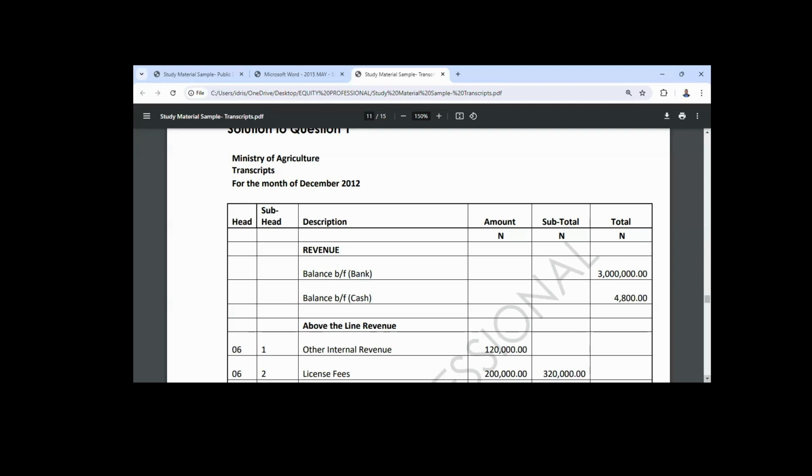You also have amount, subtotal, and total. This is the main heading of your transcript: number 1, head, subhead, description, amount, subtotal, and total.